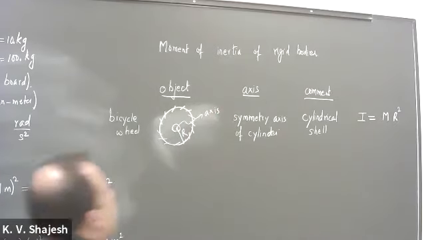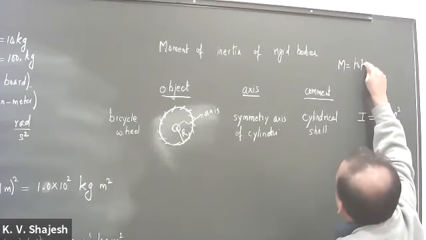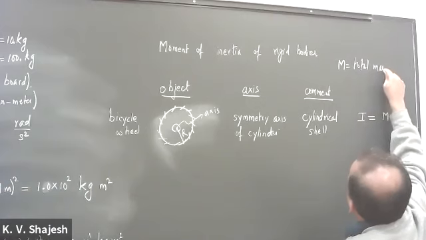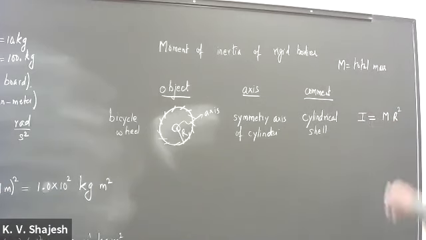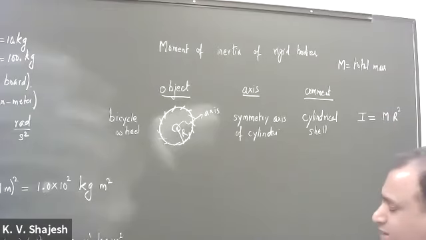M is the mass. Everywhere here, M is the total mass. That seems to be very similar to the definition we had earlier, except that there is no summation here, right? There is only one cylinder, and that is just mass times R squared.